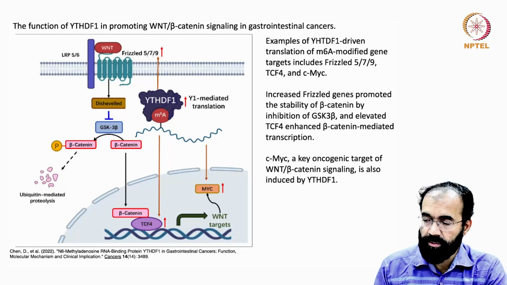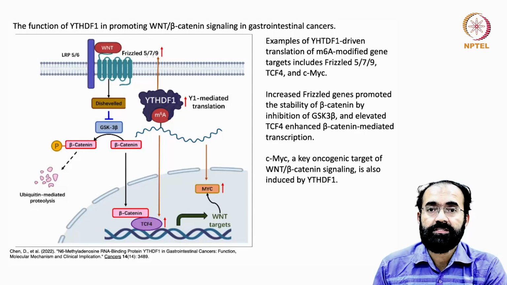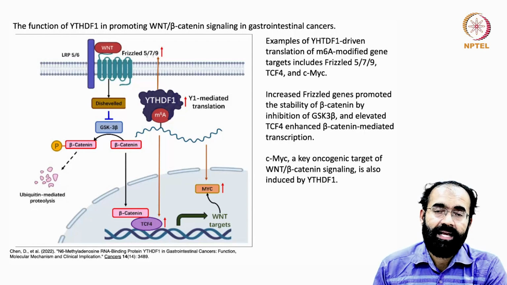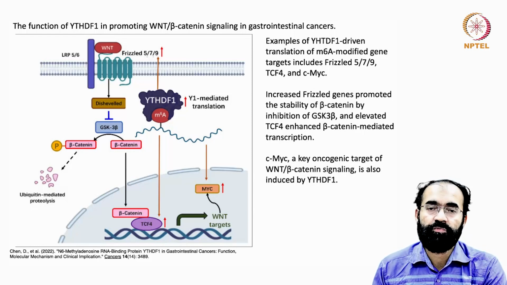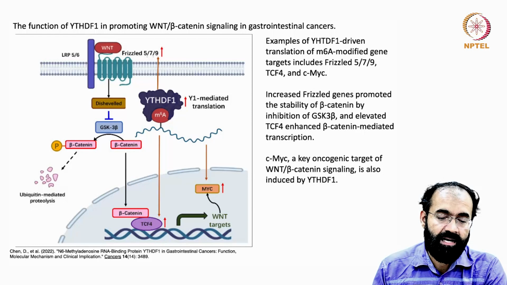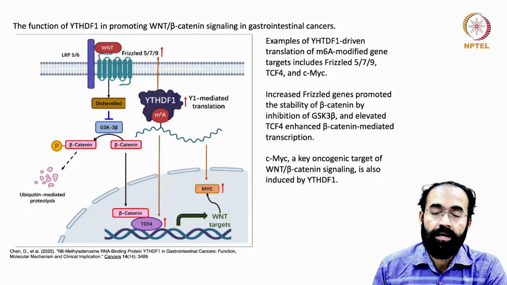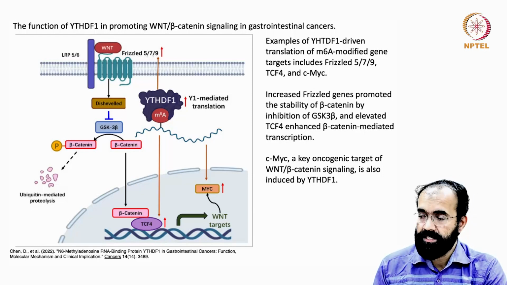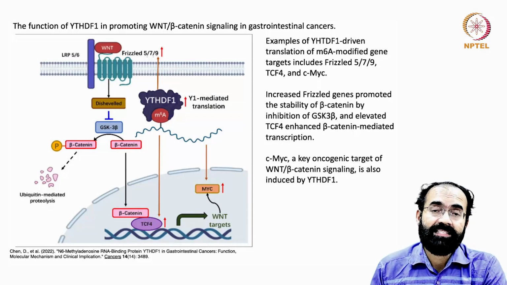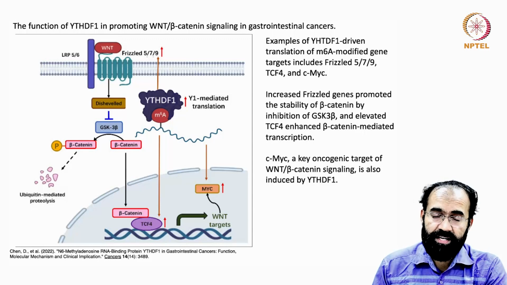So it simply makes sure that the purpose of Wnt signaling will be super accelerated by activating the components of Wnt signaling at different levels: at the receptor level, the co-binding partner level, and also the target gene level. So these things are very important, and that can accelerate the proliferation mechanism.